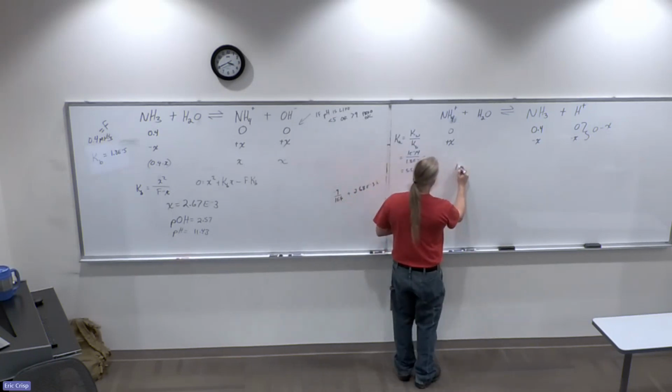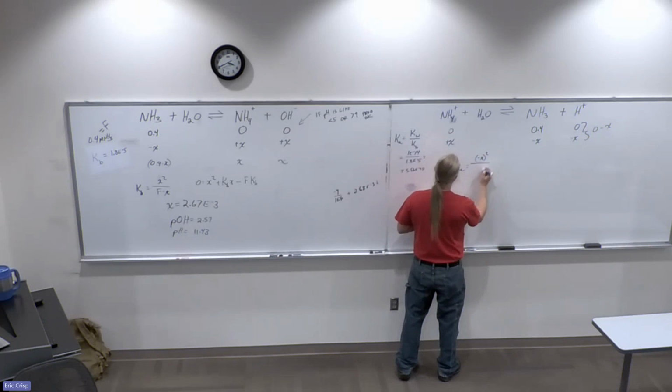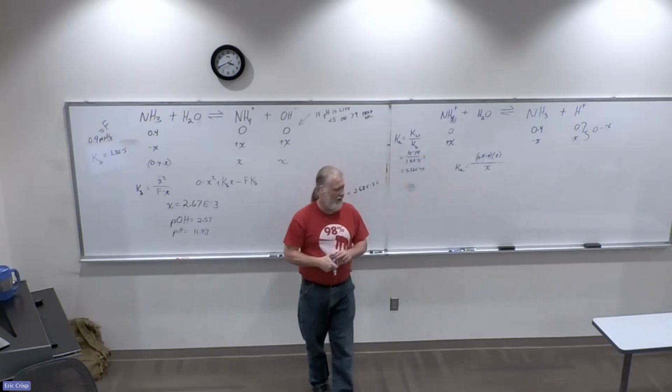Okay, so now I've got Ka equals negative x quantity squared over 0.4 minus x times negative x over x, right?